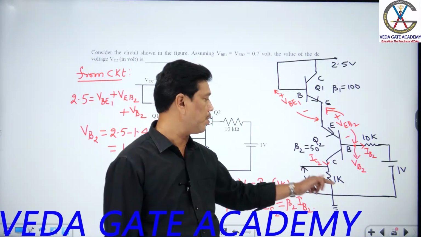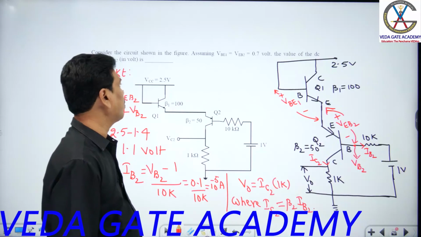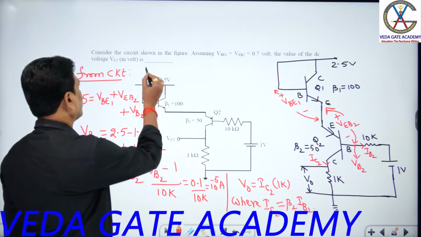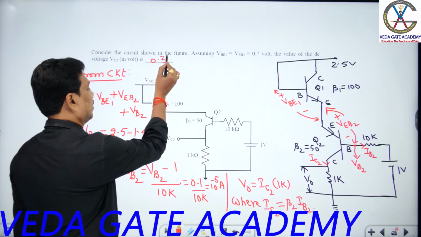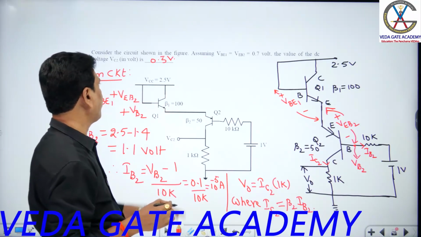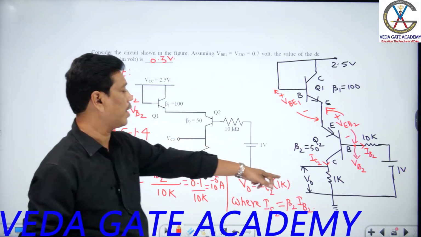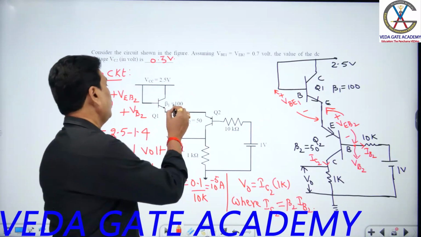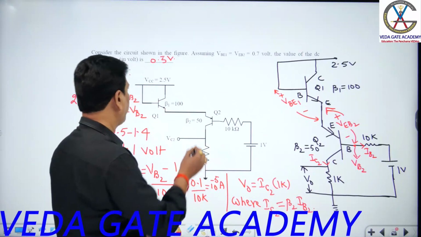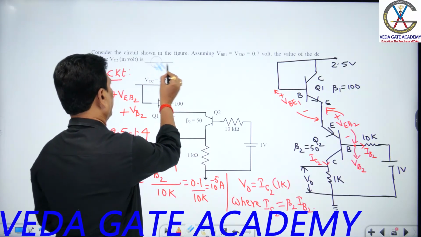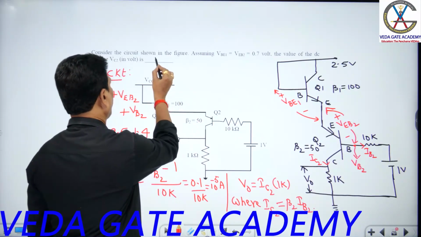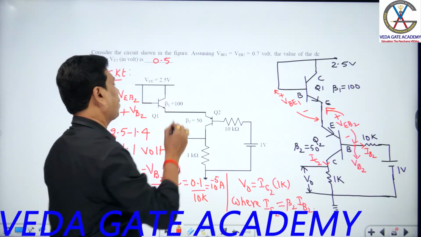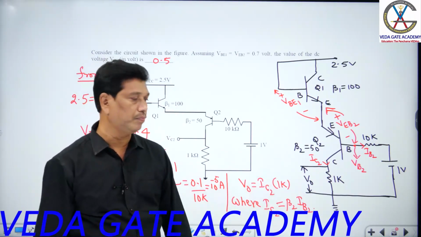Thereby V naught equals IC2 into 1K, which is 0.5 volt. That is VC2, nothing but V naught. Right? The answer is 0.5 volt, students. So this value is 0.5, students. Okay. Next question I go.